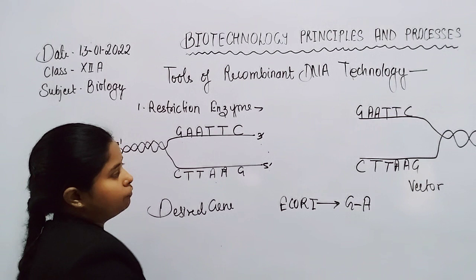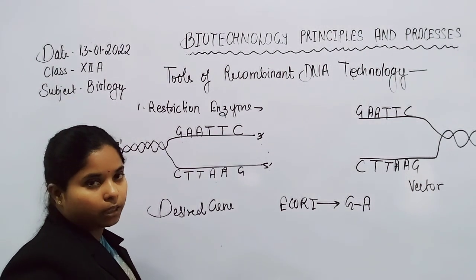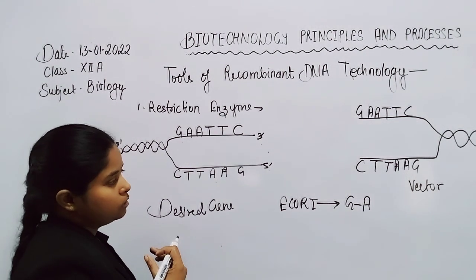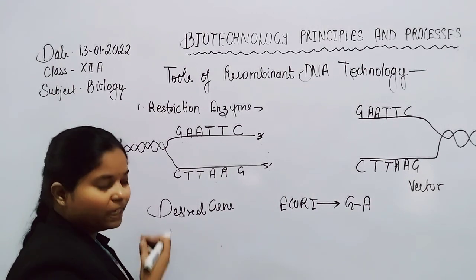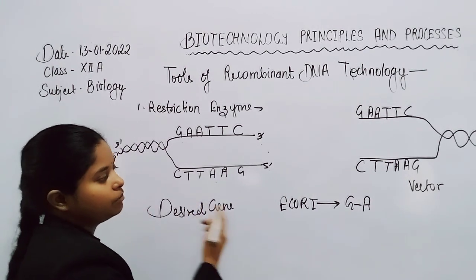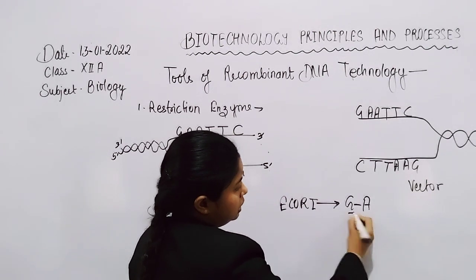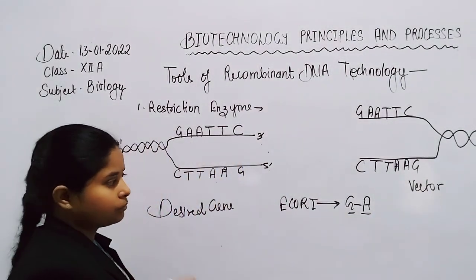When EcoRI first recognizes the palindromic sequence, it cuts the phosphodiester bond of the palindromic sequence, which is present in between guanine and adenosine.